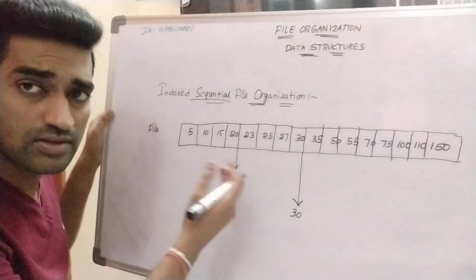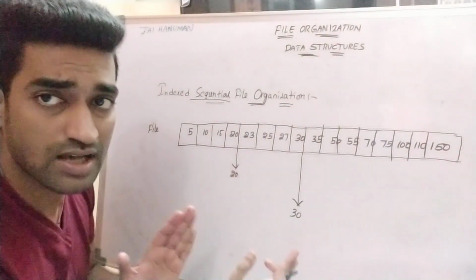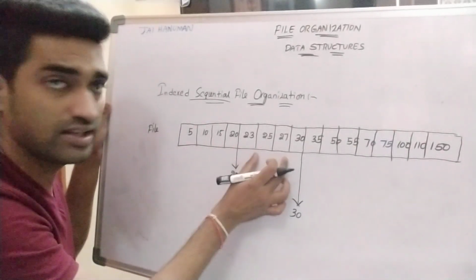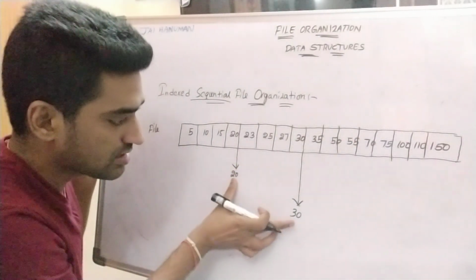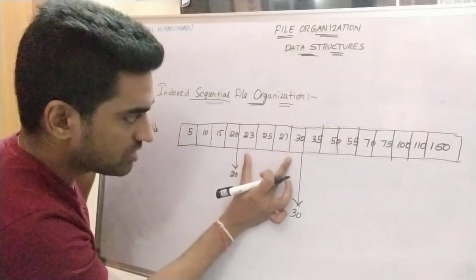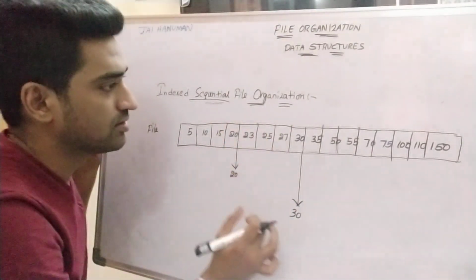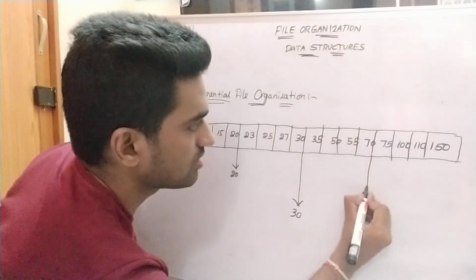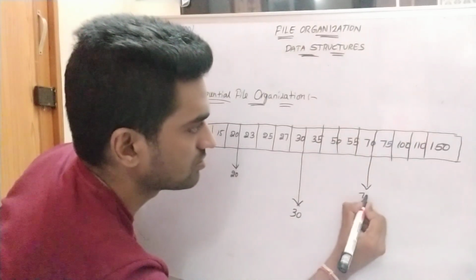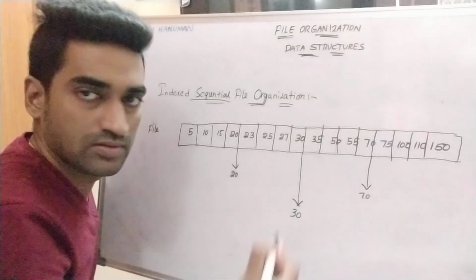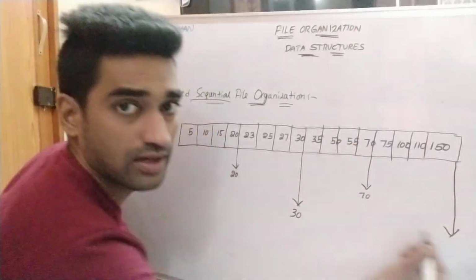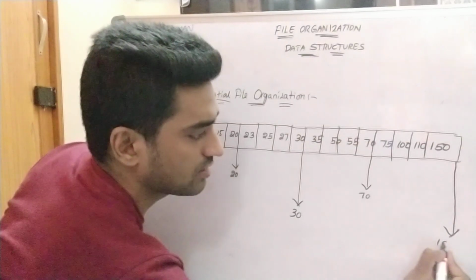I am arranging lower indexes and higher indexes at some positions to group the values. Based on lower index and higher index values, I can group these values, right? Then 70 is the lower index value, and 150 is the higher index value.